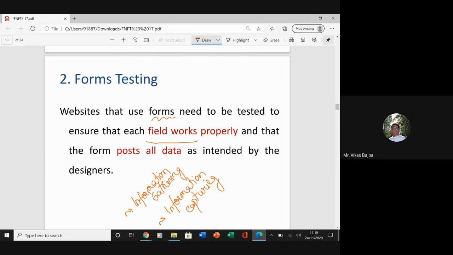And suppose I'm not able to collect the data by validating all the fields and then entering the data to the database properly, then the usage of that particular data does not make any sense, right? Suppose I am not able to validate a particular field where I need to get an email ID and some person randomly gives ABC and submits the option, right?